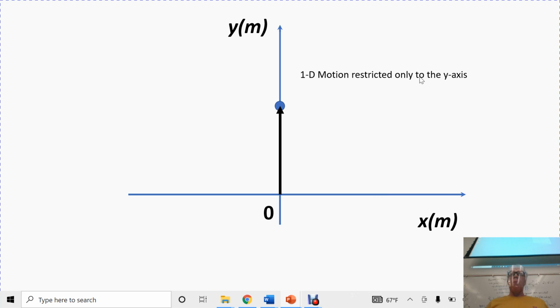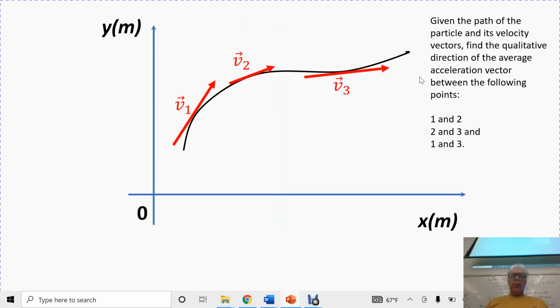That's what I mean here. If you combine the motion along the x-axis with the motion along the y-axis, you get a two-dimensional motion. That's what this graph is all about.